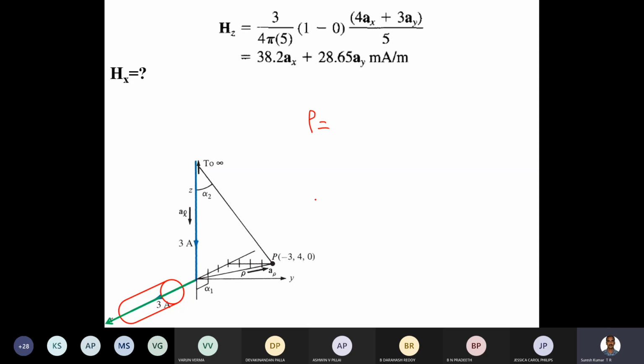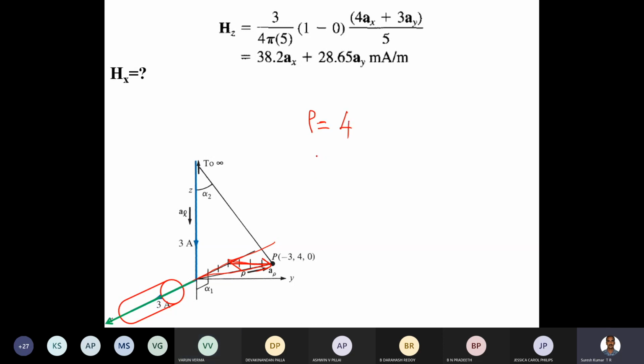Is it 5? No, it is not 5. This is 5. In this case, this axis is the radial direction, so it should be 4.